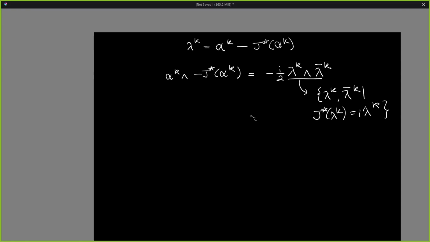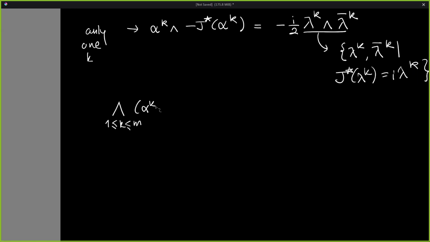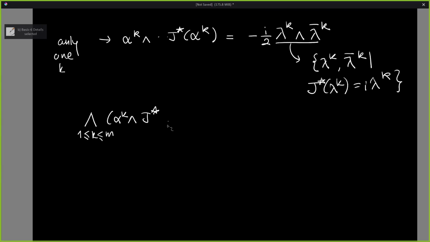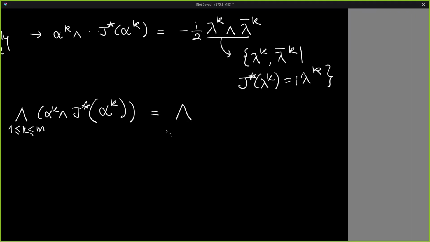So if we wedge all of them together, here we have only one k being considered. If we wedge all of the k's together, then what do we get? For 1 ≤ k ≤ m, we get alpha_k wedge J star alpha_k.